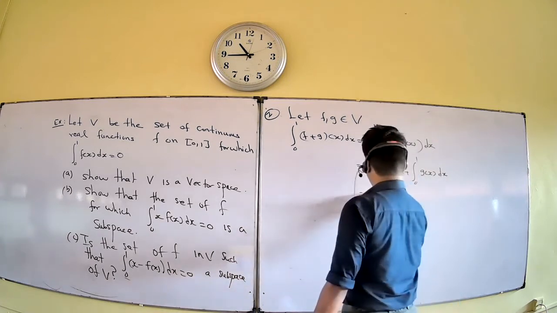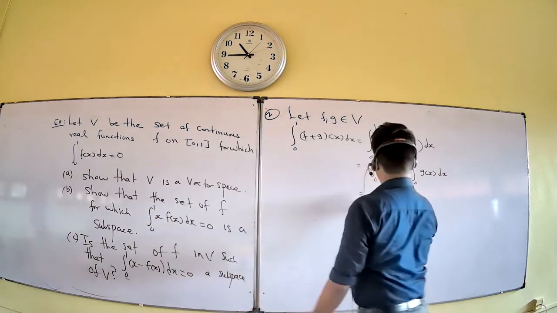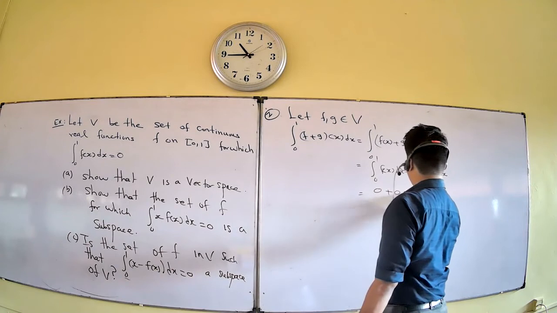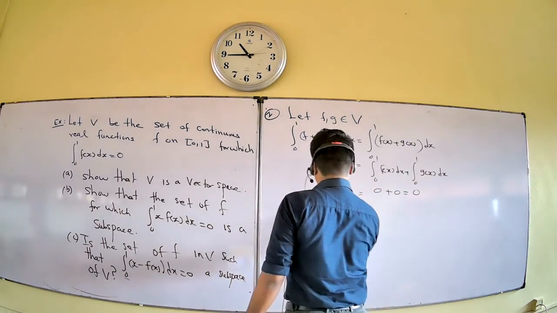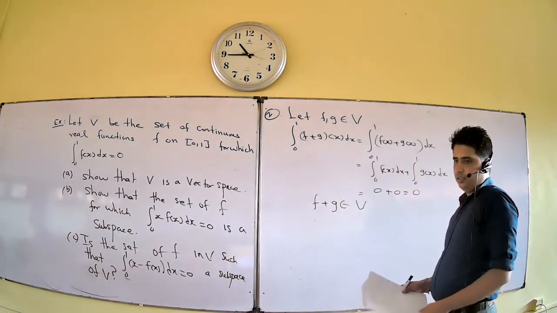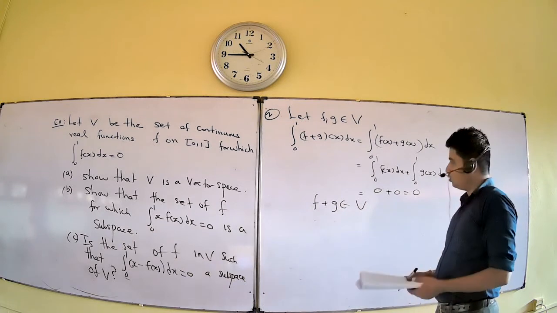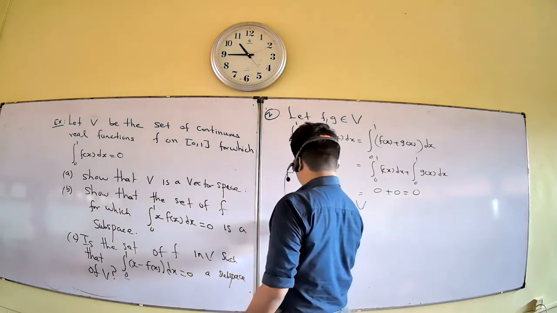So f, g belong to B, then they should satisfy this condition. Therefore this is 0, this is 0. This being 0 means f plus g belongs to B. This means it satisfies closure under vector addition. B is closed under addition.